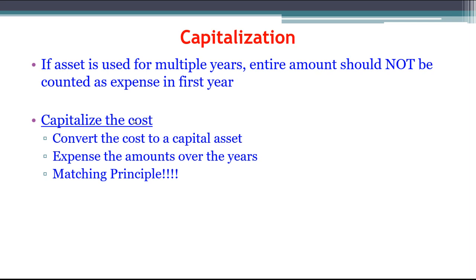With a capitalized asset, a long-term asset, we're not going to expense it for multiple years. We're going to spread it out over multiple years. Now, the idea here is if we're using this equipment, for example, to help us run our company and generate product and generate revenue for 10 years, then it makes perfect sense we need to count that expense over 10 years as well. That's the matching principle.